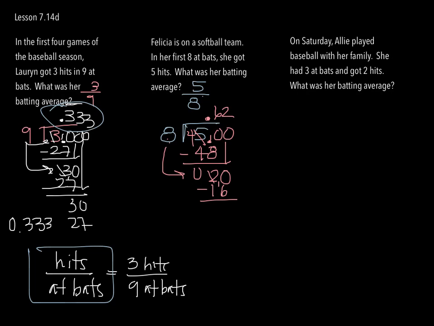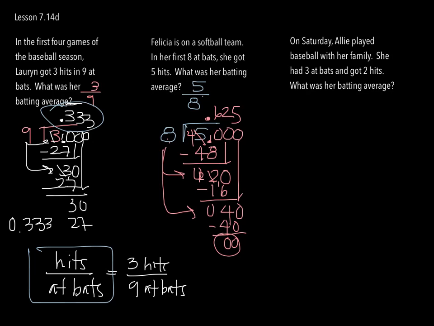Subtract, 10 less 6 is 4. I'm going to add another 0, bring it down. How many 8s in 40? That would be 5. 8 times 5 is 40. Boom. Terminates. So her batting average was .625, or 625, as the baseball statisticians would say.